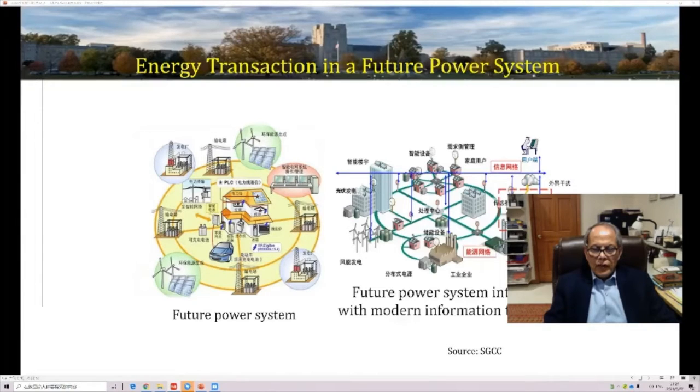So again, the core or the heart of the future energy internet is information technology, which connects everybody and we can talk to each other. Next slide, please.